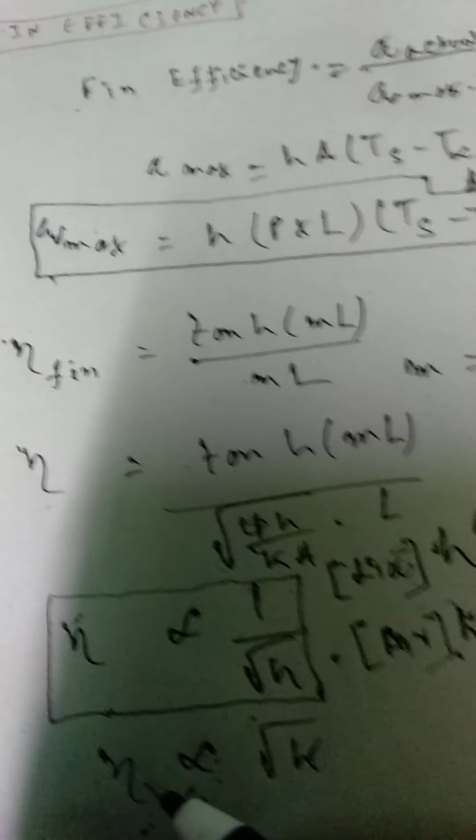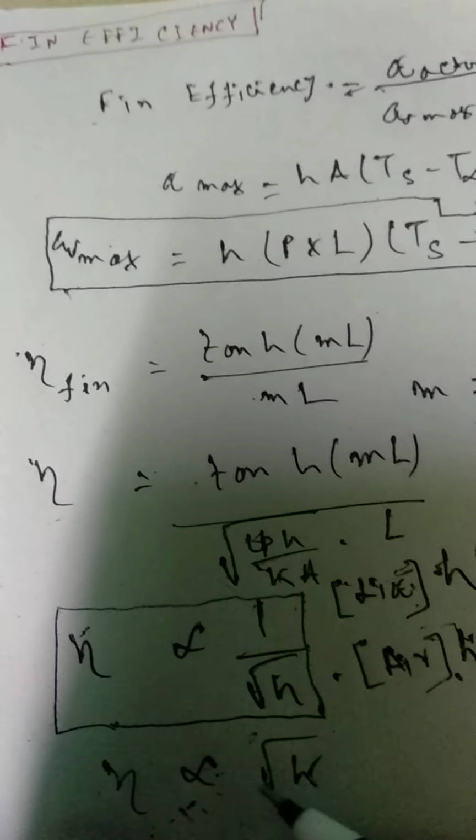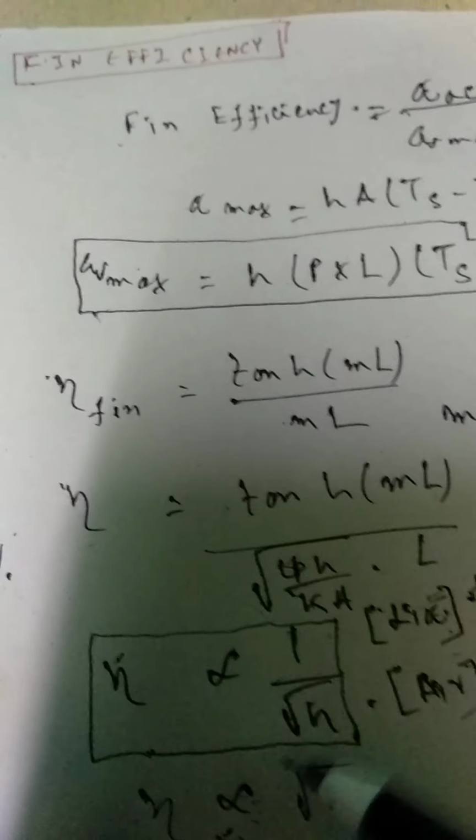So eta is directly proportional to root over k, the conductivity of the fin material. When k, the conductivity of the fin material, increases, the efficiency of the fin will proportionately increase, and it will lessen with lower values of k.